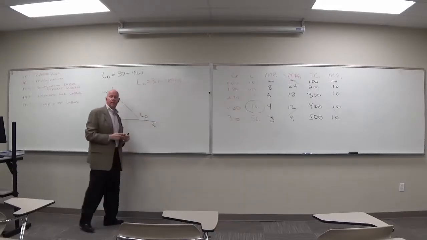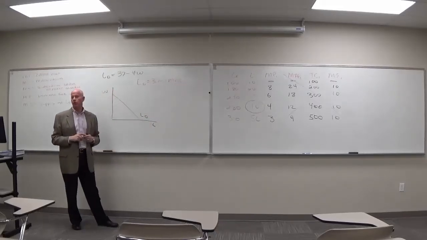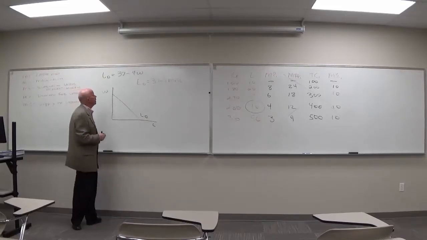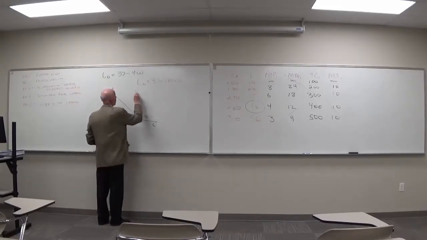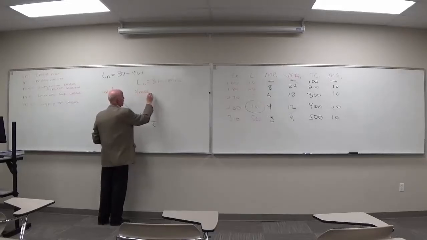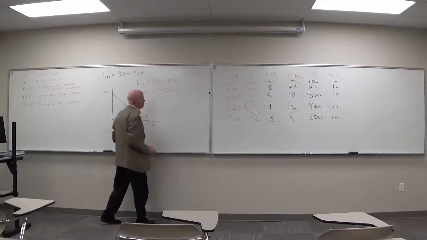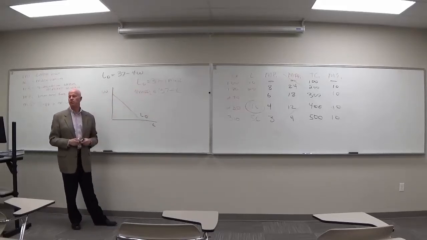Well, if it's an MRP of L curve, not a labor demand curve, we're going to normalize on MRP of L, right? We're going to isolate that as a variable. So we're going to add 4 MRP of L to each side of the equation and subtract LD, or just L, we'll call it, from each side.